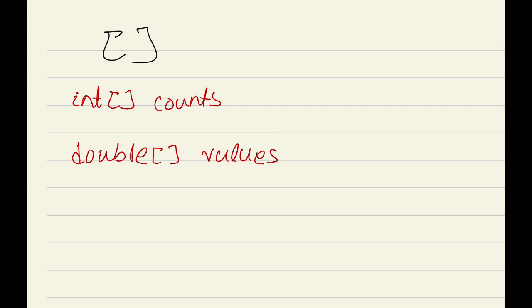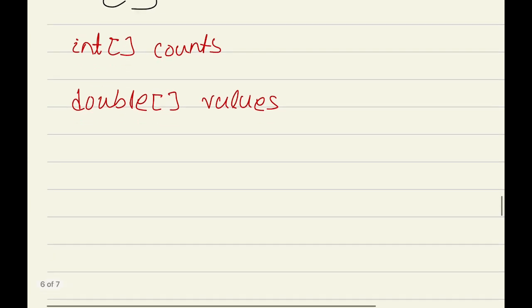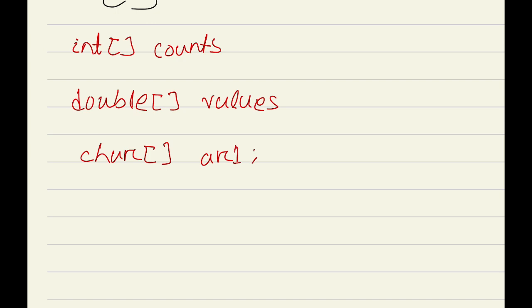It declares that values is an array of type double. Similarly, you can take any other data types, like you can write a character array, then AR1, like this. You can take some other examples.